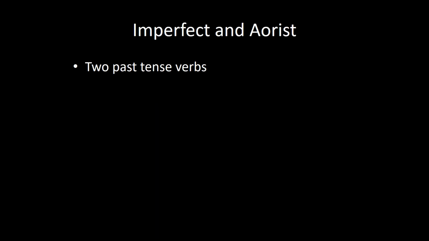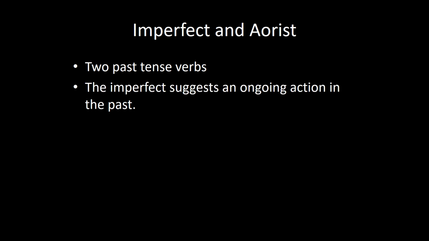Imperfect and Aorist Active Indicative. We're studying today the imperfect and the aorist. These are two past tense verbs. Each one is a little bit different. The imperfect suggests an ongoing action in the past, such as I was walking.